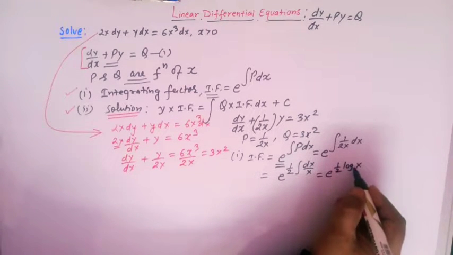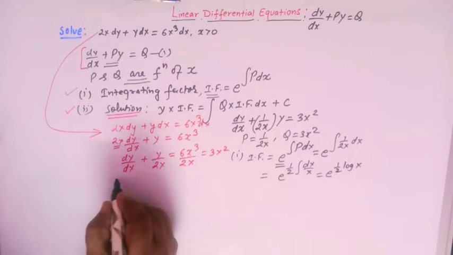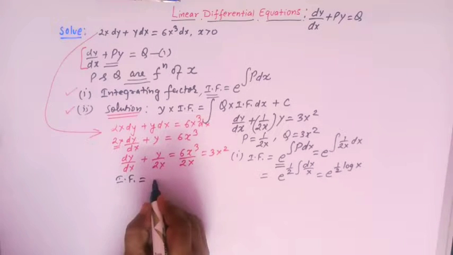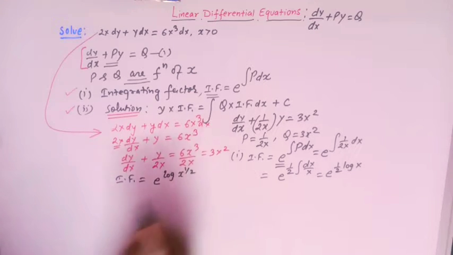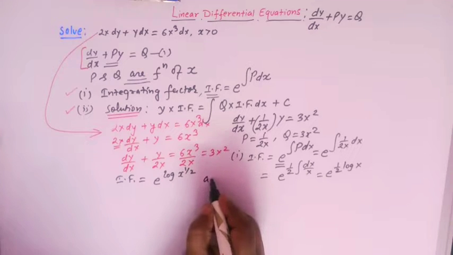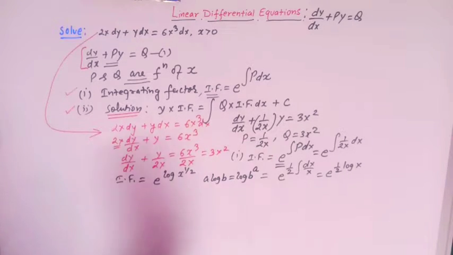Here the base is e, the exponential number. So the integrating factor is e raised to half log x, which is e raised to log x raised to half, because we have used the property a log b is equal to log b raised to a.